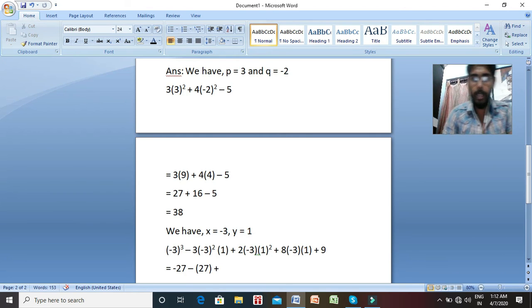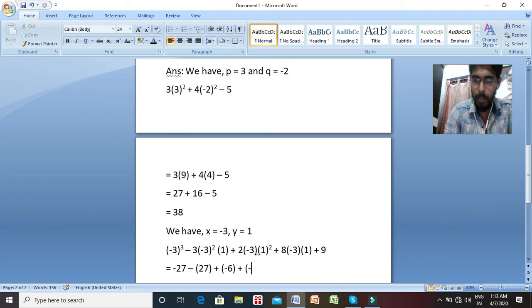So next one, 2 into negative 3, that is minus 6, and minus 6 into 1 square, 1 square means 1, so minus 6 into 1 is again minus 6, so in total we are getting negative 6. Okay, plus, now again 8 into minus 3, it is minus 24, into 1 again it is minus 24.